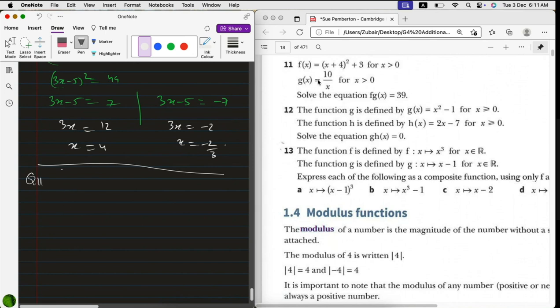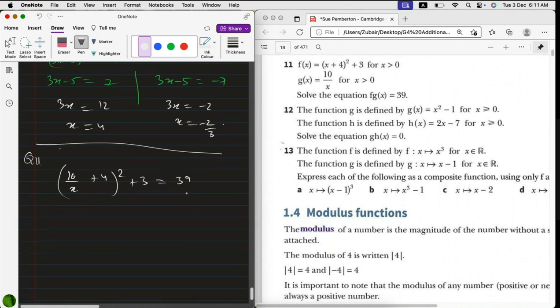Okay, 11 says f of x is given, g of x is given, and we are substituting g and f, making it 10 over x plus 4, whole squared, plus 3 equals 39.